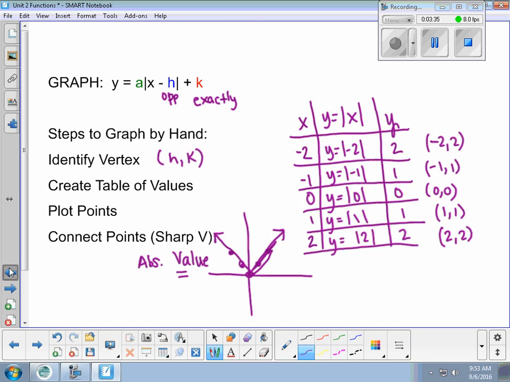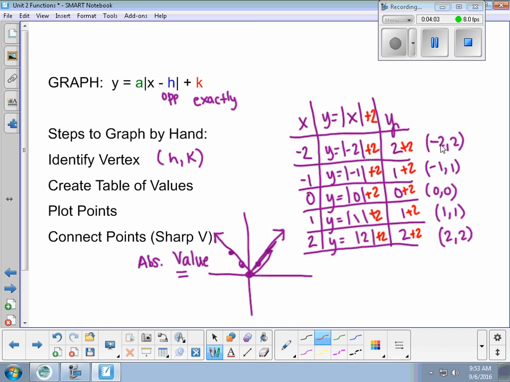The next one that we want to look at is y equals the absolute value of x plus 2. So what we're doing here is we're adding 2 onto the parent function. That's going to change each of my values. So now I have new things to graph.